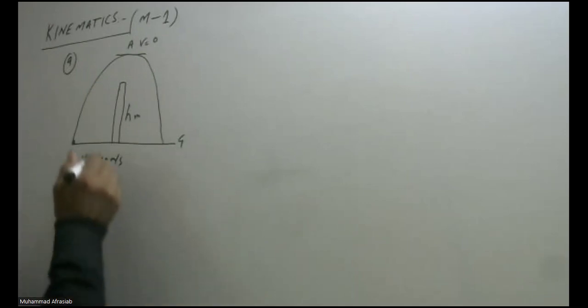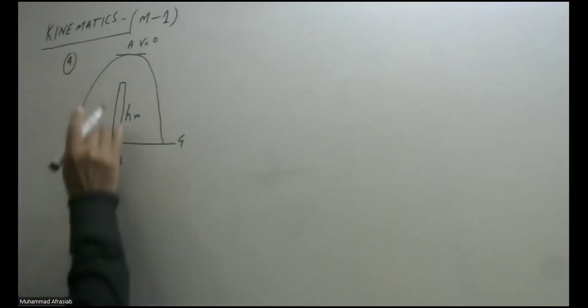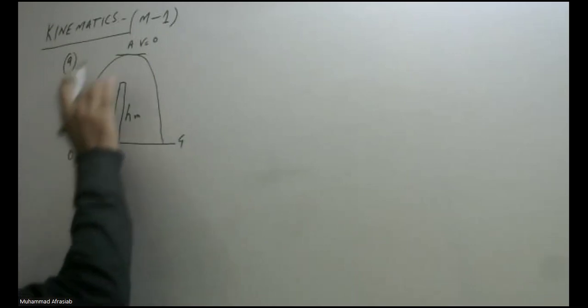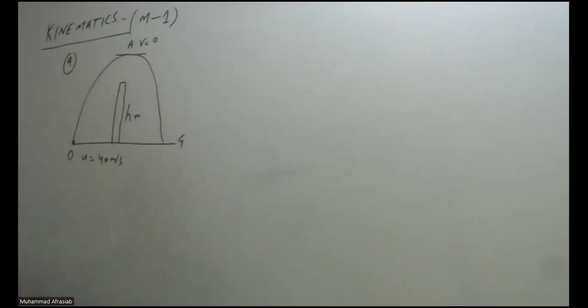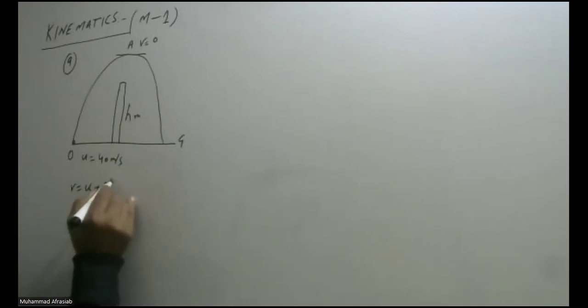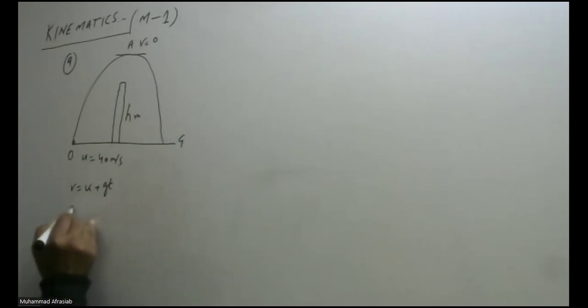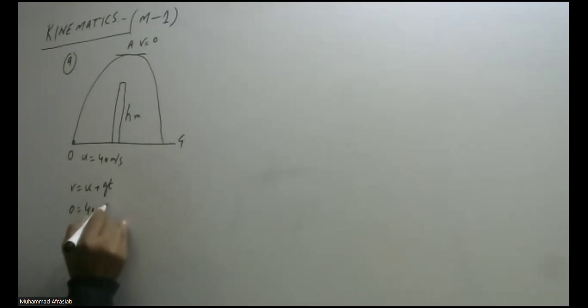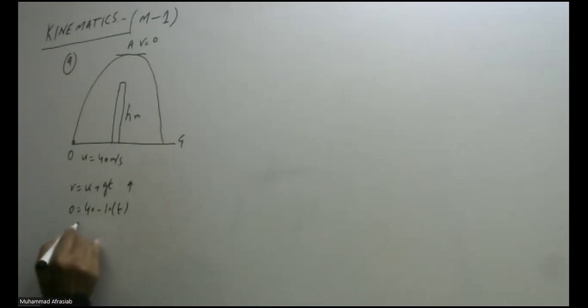So first we will calculate the time from O to A for the particle projected upward with a speed of 40 meters per second. So v = u + gt, where v is 0, u is 40, g is minus 10 because it is moving upward, and time t. So t is equal to 4 seconds.